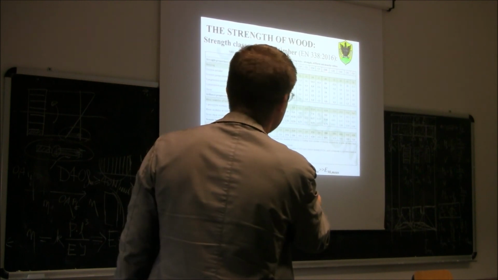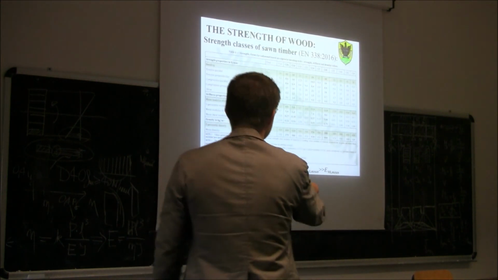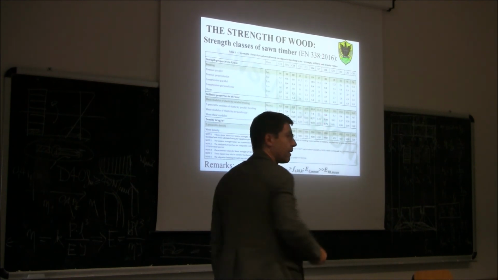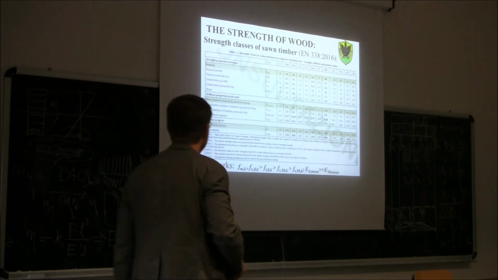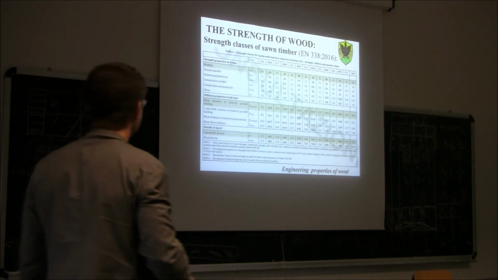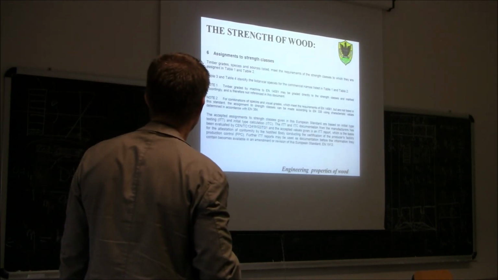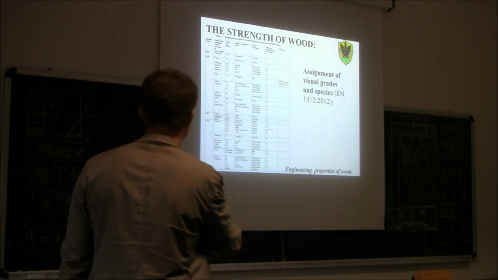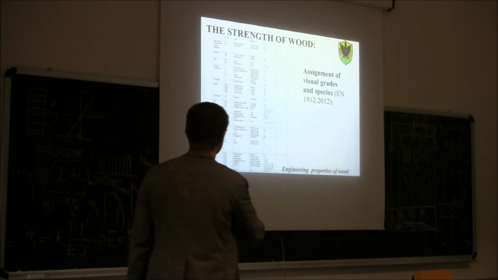Automatically, this can be considered as C30, which doesn't mean that the bending strength is 30 megapascal. You have all this strength profile here. And then, of course, you have all other cases, like growth and so on, in this table here.